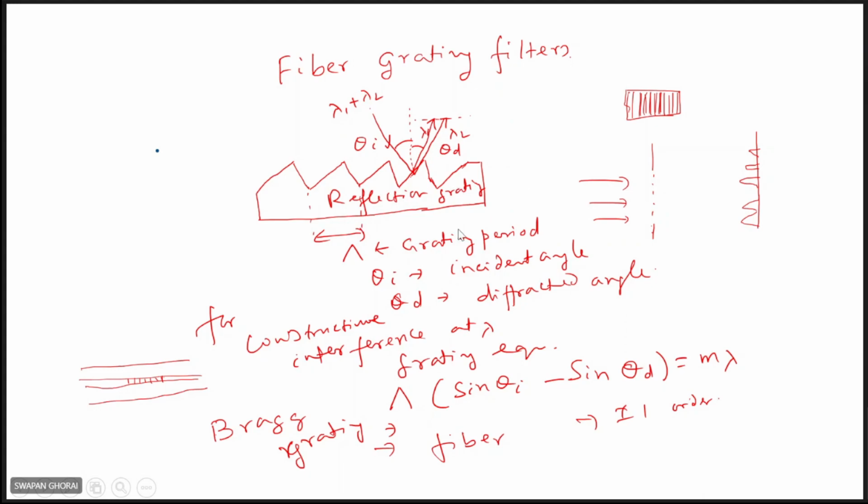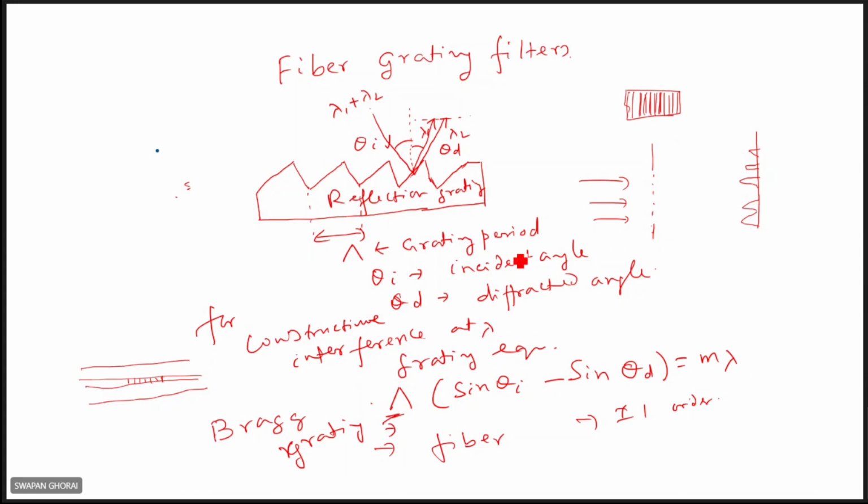It is based on the conventional grating principle. It is shown here, the reflection grating, and here the grating equation. It is a conventional one, where capital lambda is the grating period.